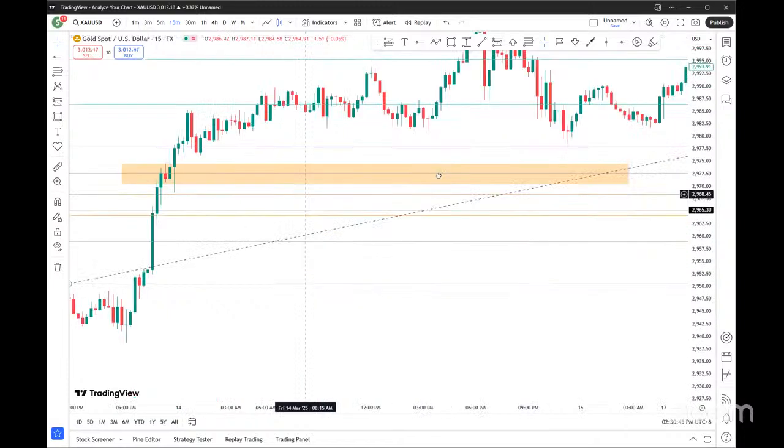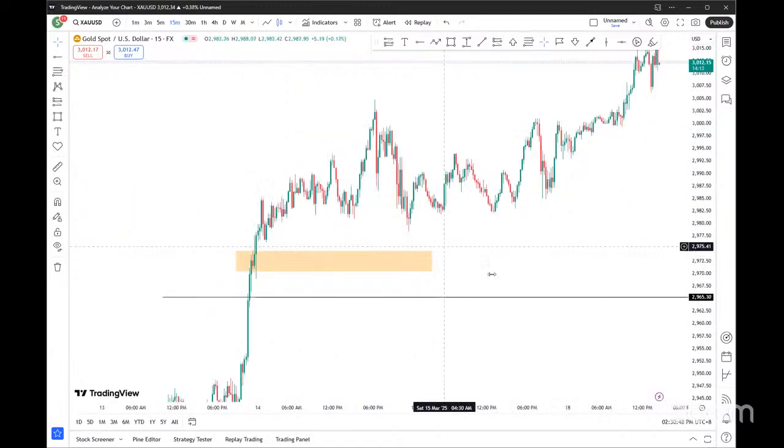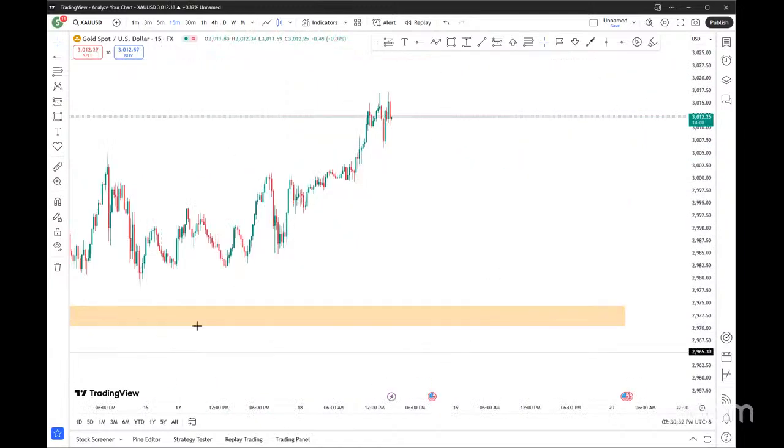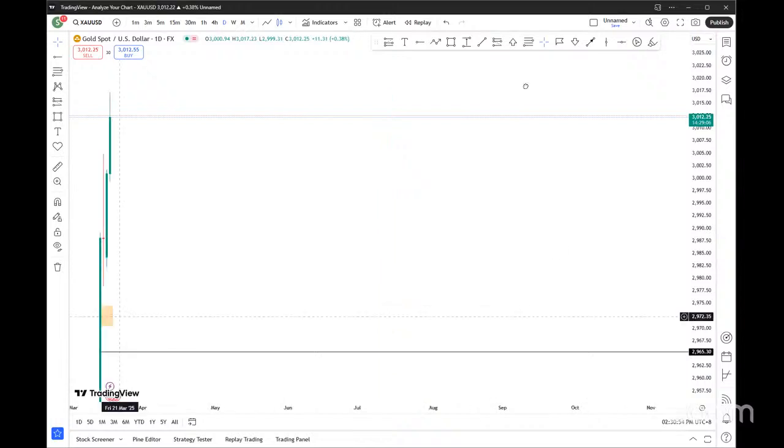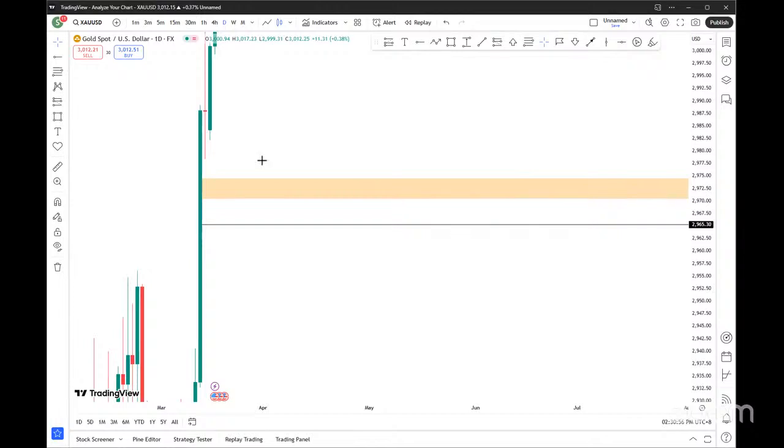So based on the daily, we already know that even if the daily candle is bearish, let's get back to the daily. Even if the daily candle is just pushing down, what is your bias in this scenario? Are you looking for buys or are you looking for sells?